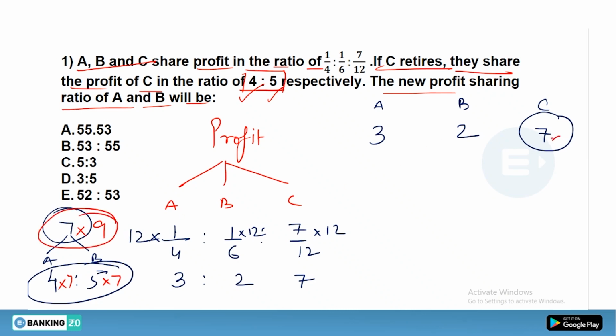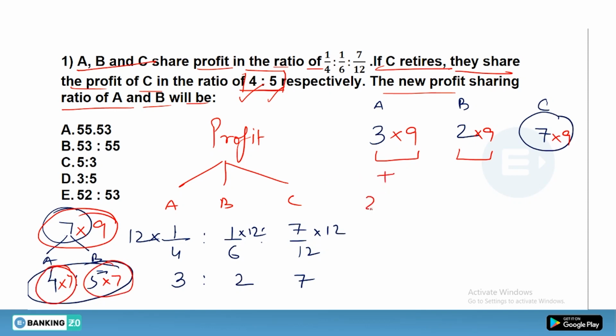So you will have to multiply here as well because you need to equate them according to the situation. Now, if C is getting 63, then B will get 18, A will get 27. But this 63 will be distributed among A and B as 28 and 35.